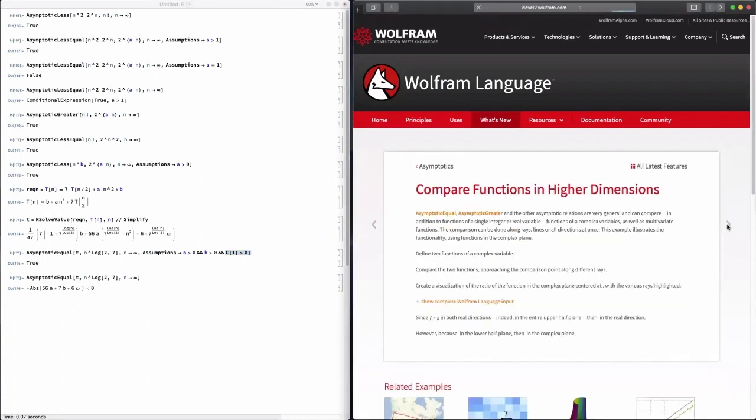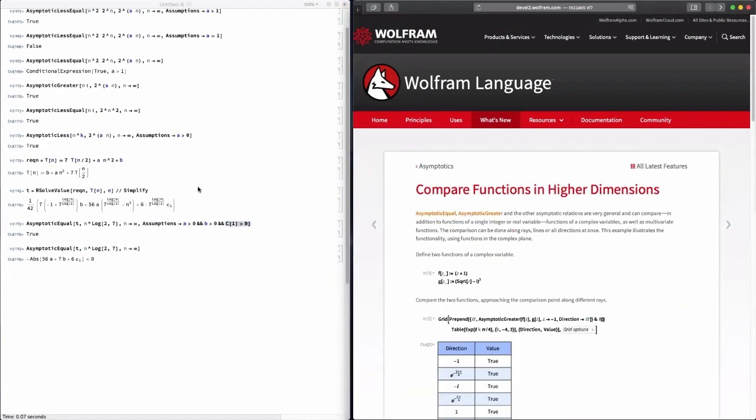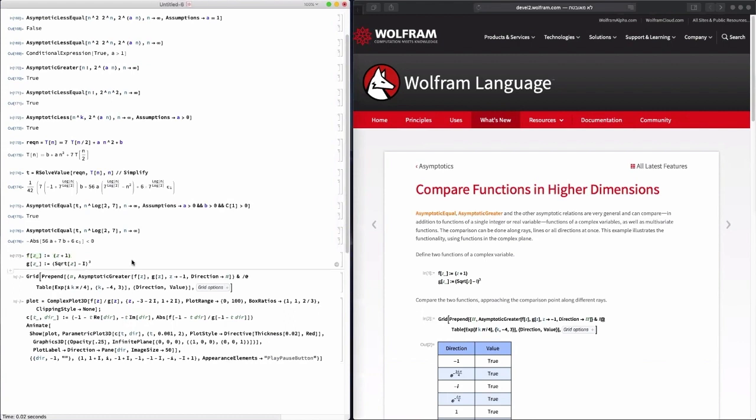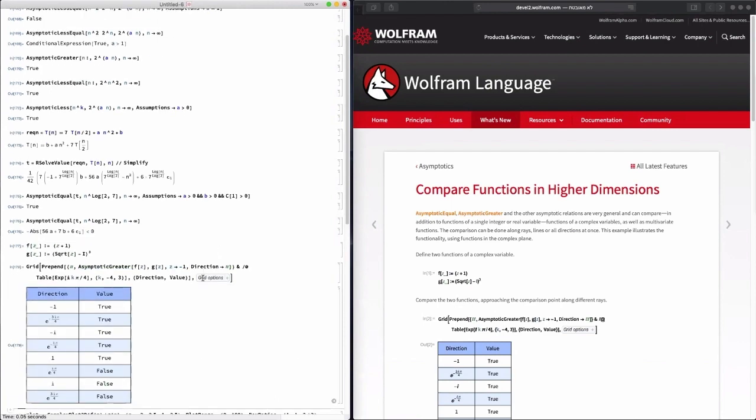Then our third example is talking about how you can do things in higher dimensions. And here I'm going to cheat a bit just because the inputs are kind of big. Copy them from a page I have here. We're going to compare two functions, f of z and g of z, near the point z equals minus 1, approaching it in various directions.